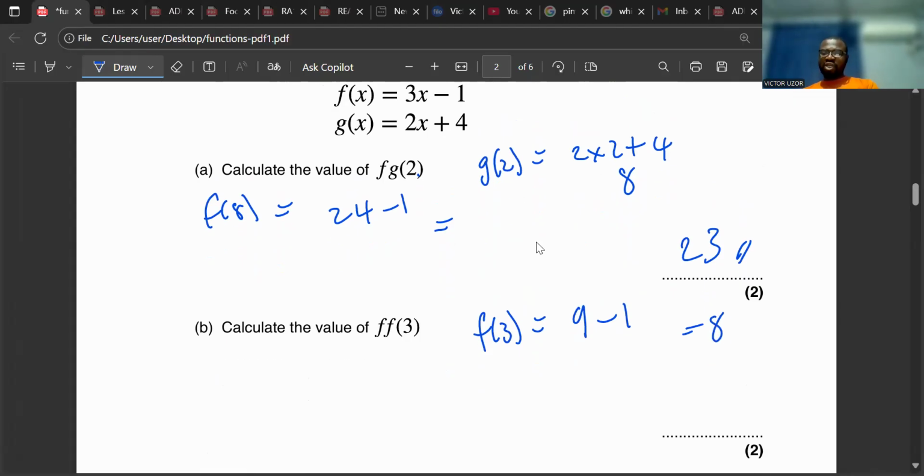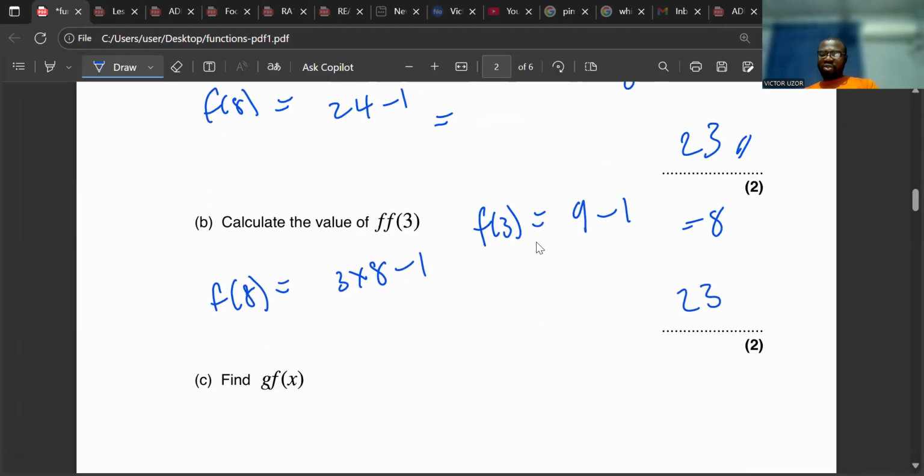So you now find f of 8. f of 8 is 3 times 8 minus 1, which will give you 23. Okay, and then we'll move on.